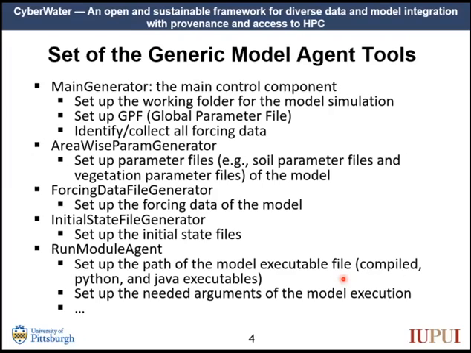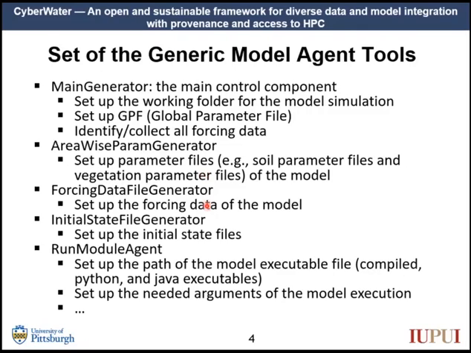As you run a model, you need the forcing data, and you also need some parameters, for example the soil parameter files and vegetation parameter files, things that are static, right? You may have them in your files, so you need to set up the path for those files so that the model agent knows where to read them.